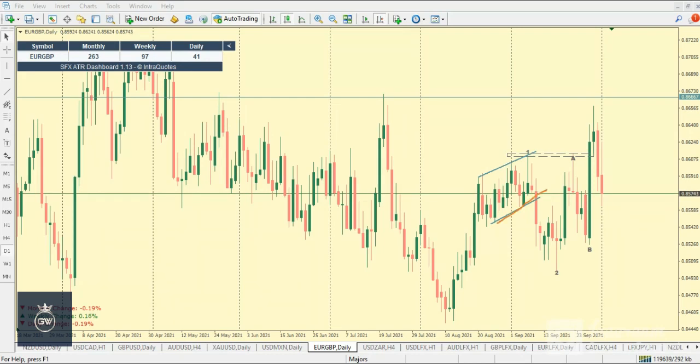This is a leading channel right here, and this is our wave one. We then had price drop back down, forming this rejection right around here to form our wave two. I'm expecting that this should move in a 5-wave corrective move to form wave three. So this is A, this is B. This is too small for a C of this proportion.